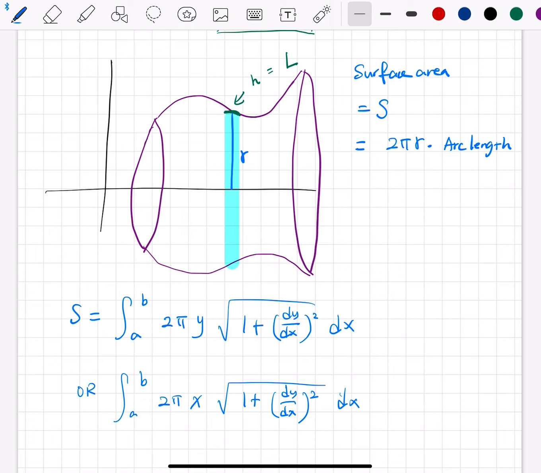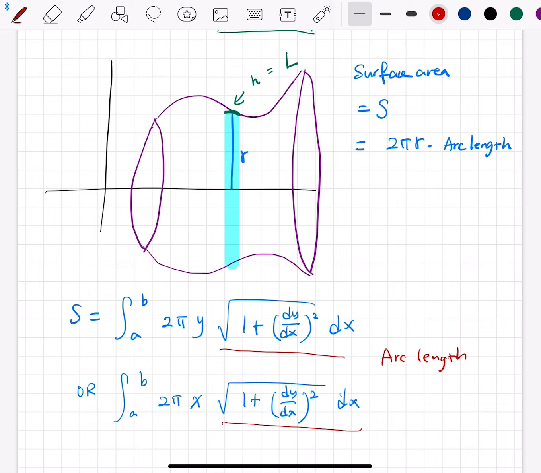Whether it is 2 pi x or 2 pi y literally depends on what your r is, if I'm rotating along the x-axis or along the y-axis. And this piece is the arc length.